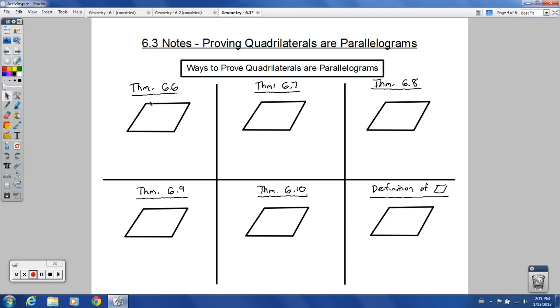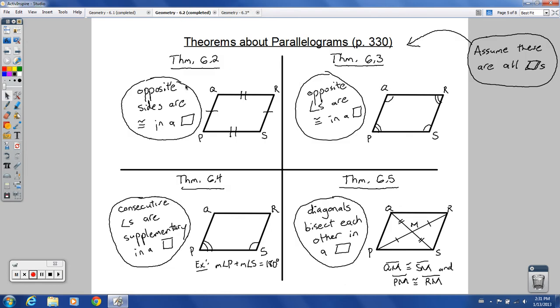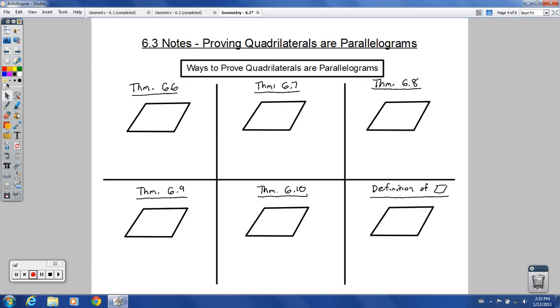What makes something a parallelogram? You'll notice that this is going to correspond very well with what we had in lesson 6.2. Theorem 6.2 said that if you had a parallelogram to start, then opposite sides were congruent. Now we're taking the converse of that. We're going to say if you have opposite sides congruent to start, then you have a parallelogram. So let's say that this was true. Notice this is a quadrilateral, a four-sided polygon.